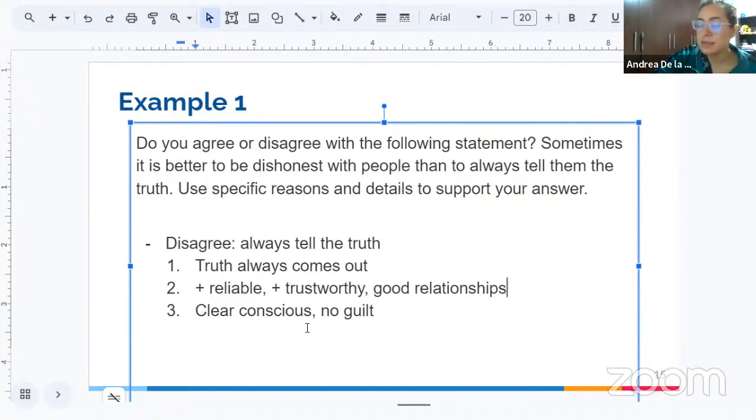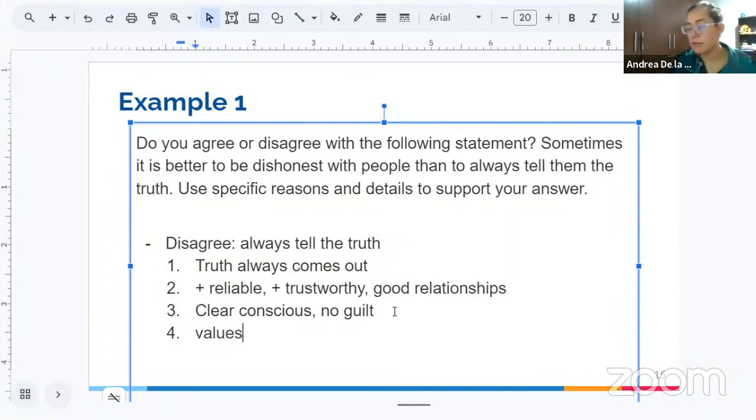Another thing that you guys need to think about is how easy is it to prove what you're saying in these reasons? Can you guys think of examples, of details, of any evidence of what you're saying? Because it is actually true that there are some reasons that are easier to elaborate on and to explain than others, right? So for example, if you have reason number 4, that's like, you have to be honest because, I don't know, it's a good value to have, right?